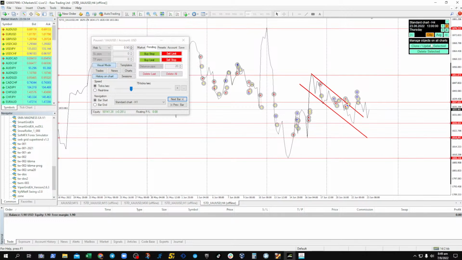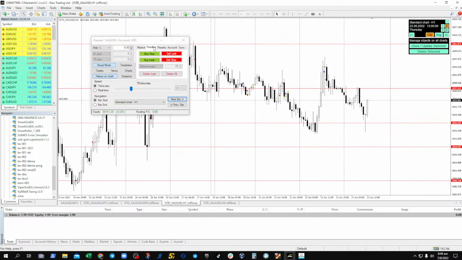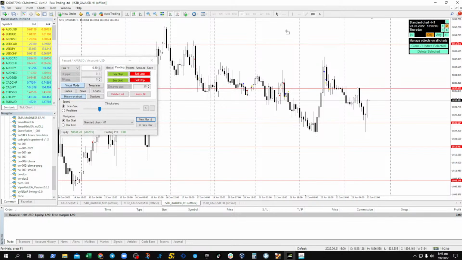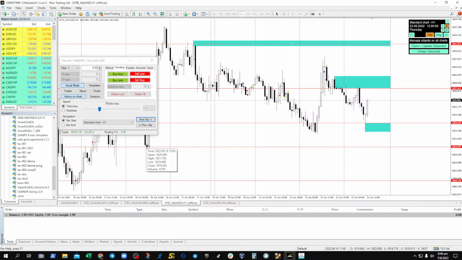Okay, update this one, and again we do the same thing over and over again. That's how it's supposed to be. And then we mark this zone, we mark this zone, then we mark this zone.